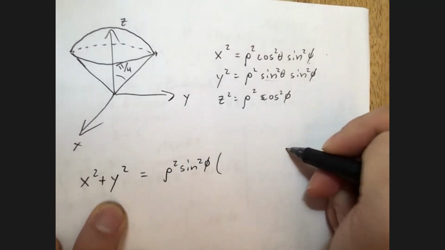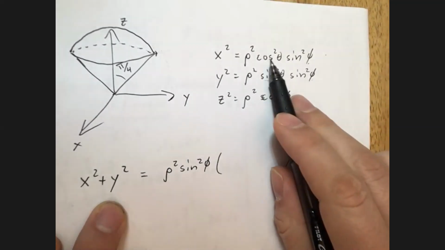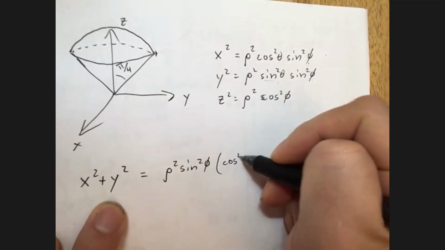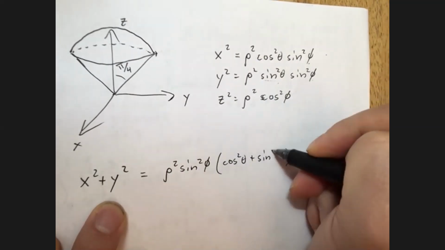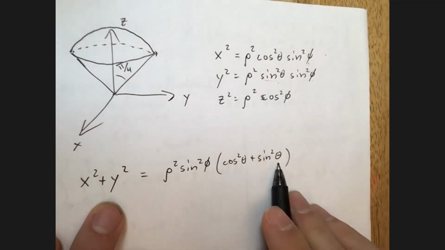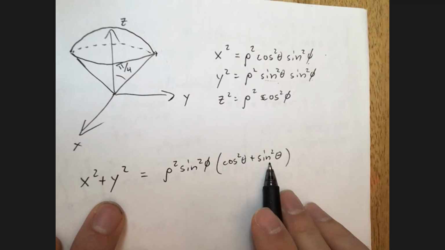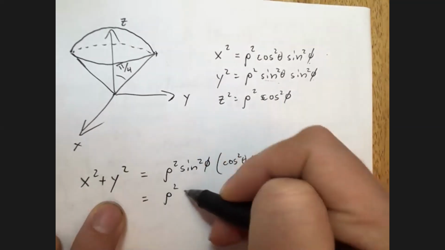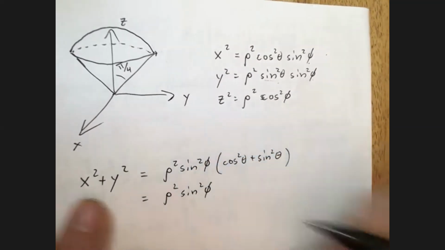The only thing they don't have in common is the cosine squared theta and the sine squared theta. But this is nice. This is just equal to 1. We know that from trig, the Pythagorean theorem. So this is just rho squared sine squared phi.